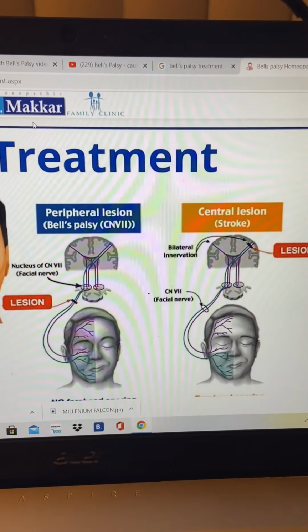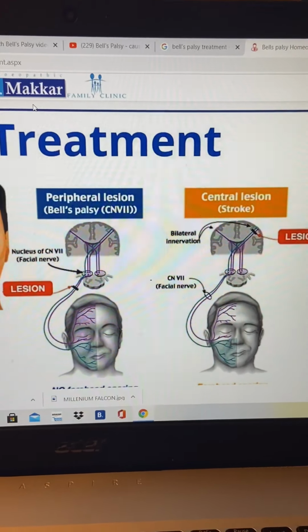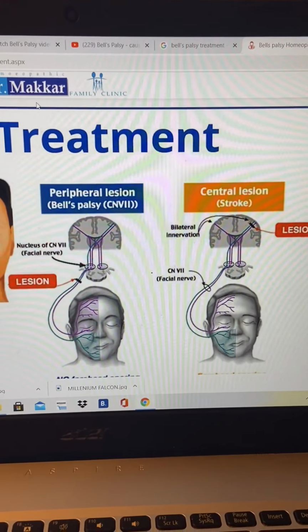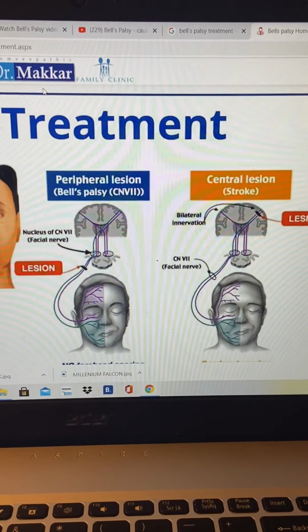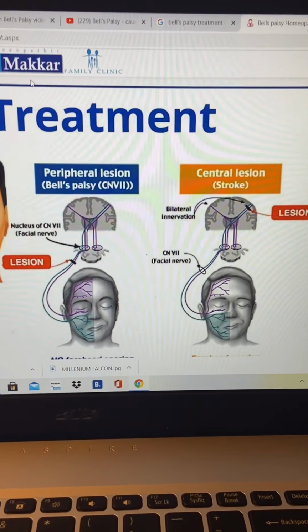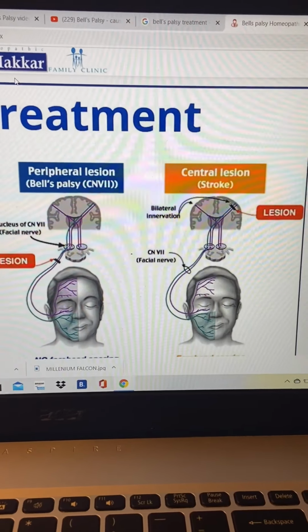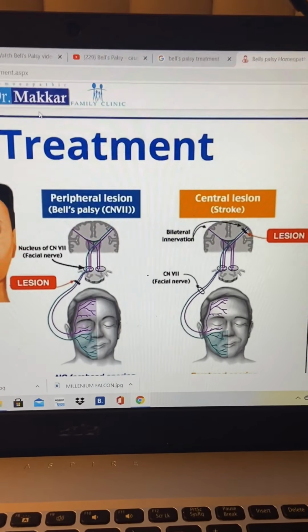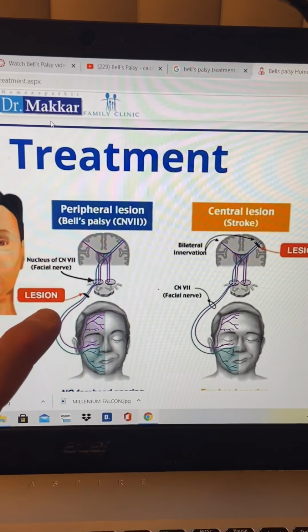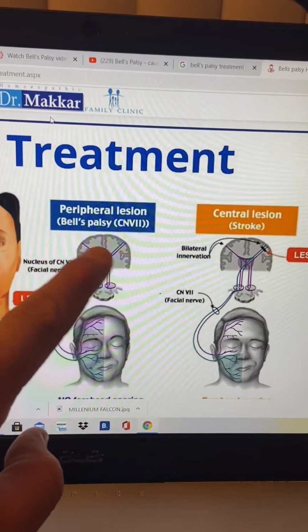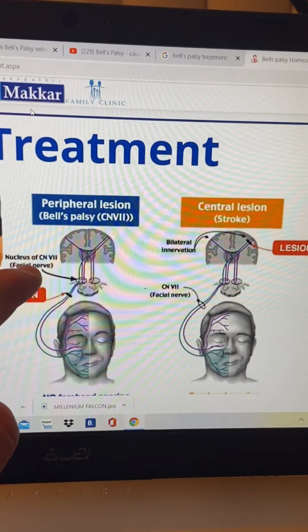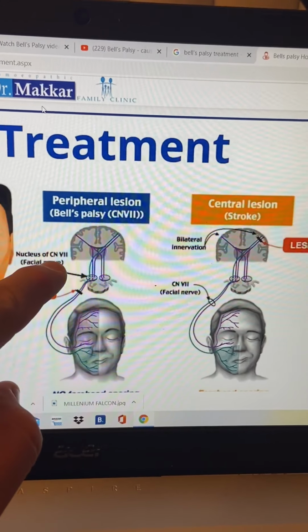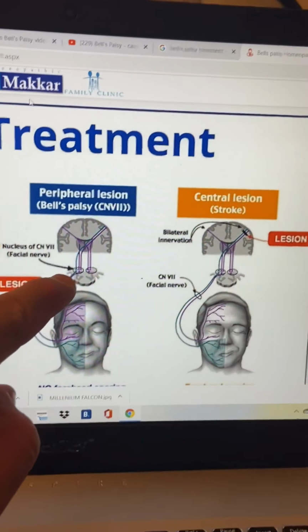Hey guys, so this is a great thing I found to try to differentiate where the lesion will be occurring that could cause our Bell's palsy to occur. So for this, the peripheral lesion, it's involving the cranial nerve number 7, Bell's palsy. So the nucleus of cranial nerve 7 is right here.